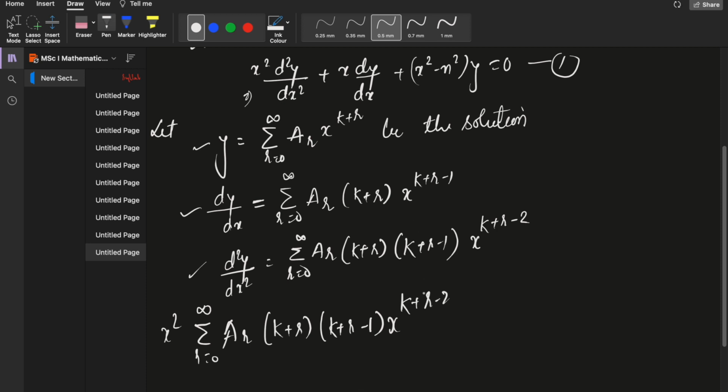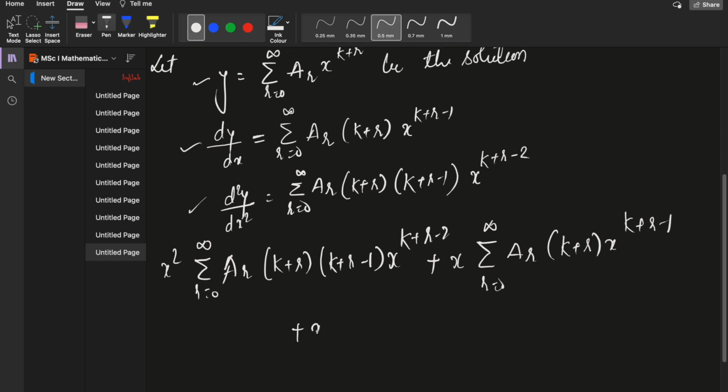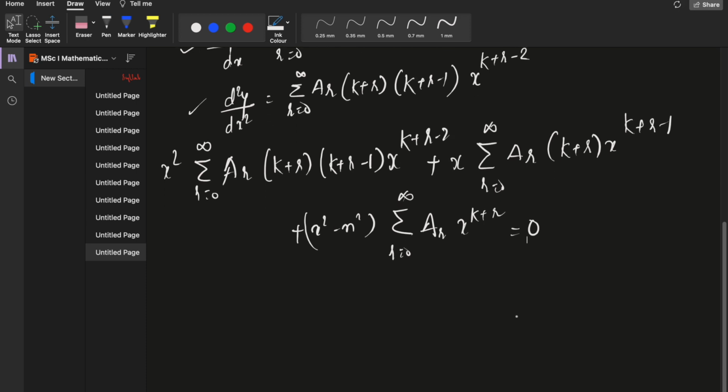Then plus x times dy by dx, which is the summation r tends to 0 to infinity of ar (k plus r) x to the power k plus r minus 1. Now for y, we have another term x square minus n square, times the summation r tends to 0 to infinity of ar x to the power k plus r, which equals 0. So we have substituted these values in equation 1.